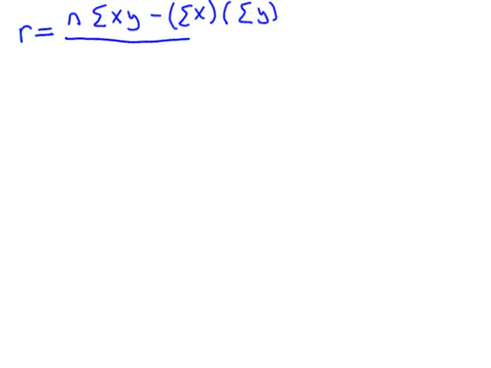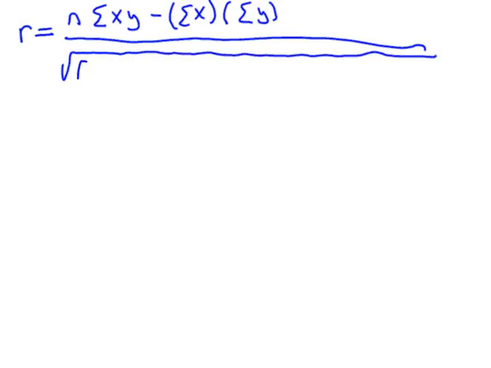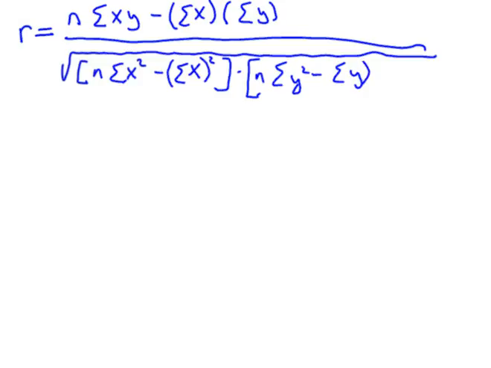That is n times the sum of your product x's and y's minus the sum of the x's times the sum of the y's, all of that over that long square root. n times the sum of the x's squared minus the sum of the x's quantity squared, close those brackets, times another bracket, n times the sum of y squared minus the sum of the y's quantity squared.